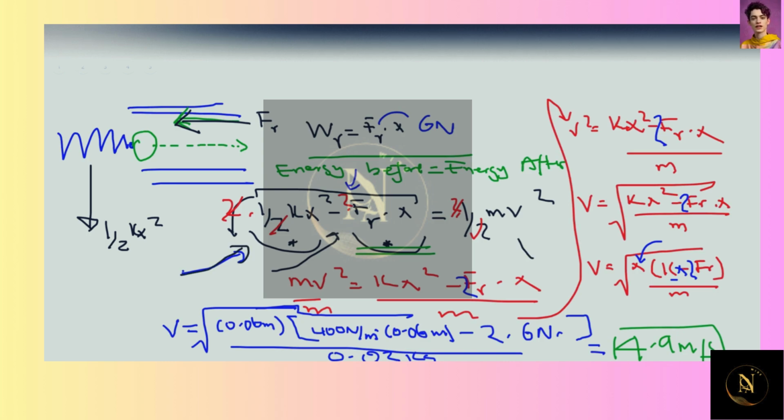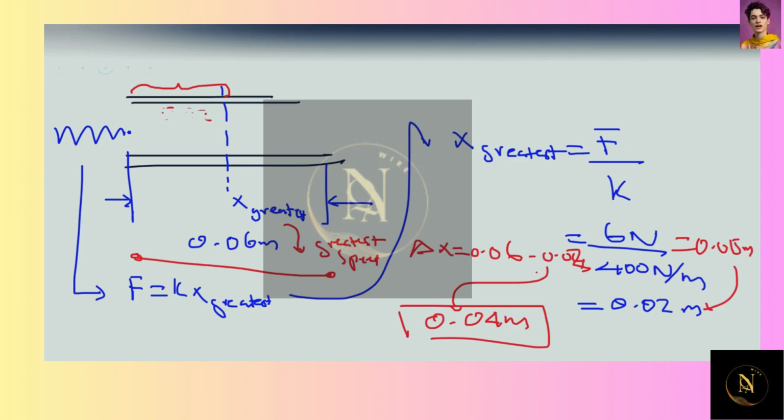When we make that equal to the kinetic energy, we solve for v by reorganizing the problem, keeping our variables up until the end. The next part of the problem, we have to find the point at which the greatest speed happens. We use Hooke's law, F equals kx, and solve for x greatest, which gives us 0.02 meters. We can get the change in displacement by subtracting it from the largest length.